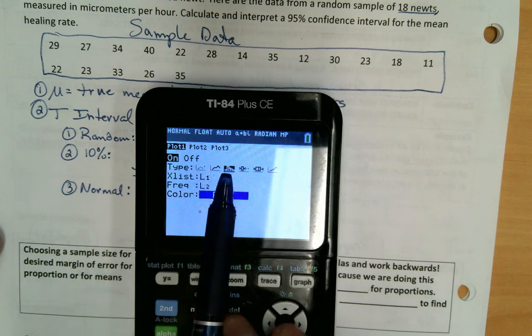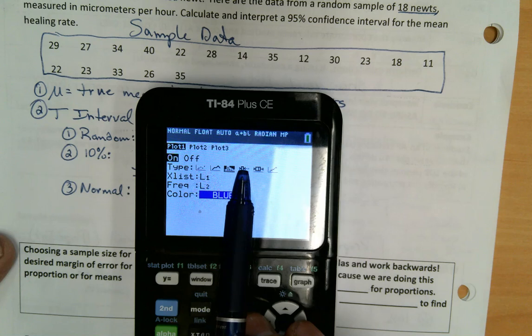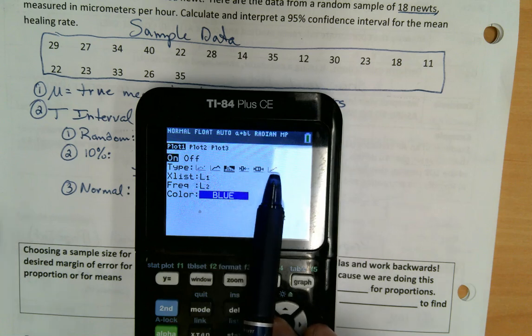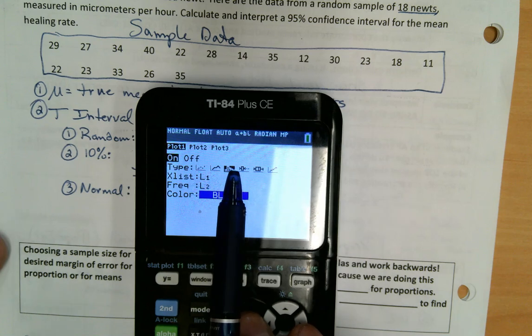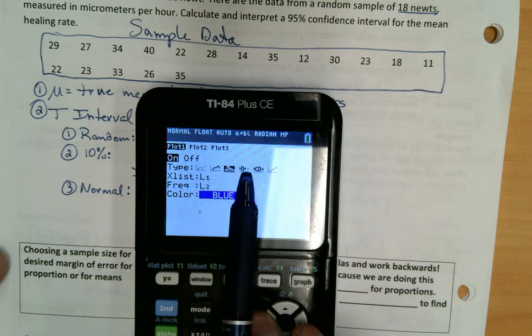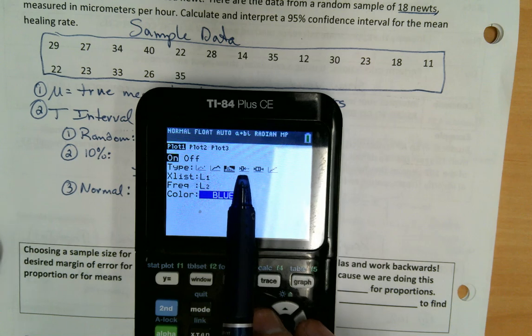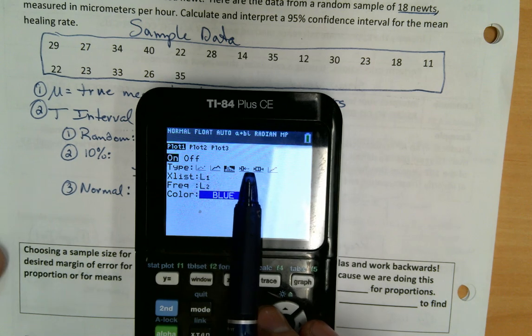What type of graph do we want to do? Remember, we have a histogram, we have a modified box plot, a regular box plot, and a step graph. Histogram is usually the best one to use, but you can also tell a distribution is normal or not with a modified box plot. In fact, I would recommend using the modified box plot when we're graphing this data.